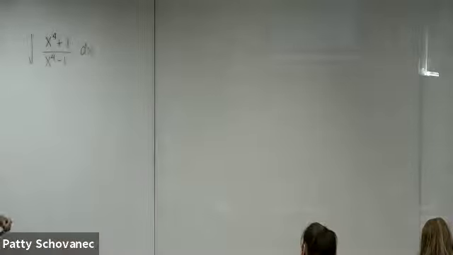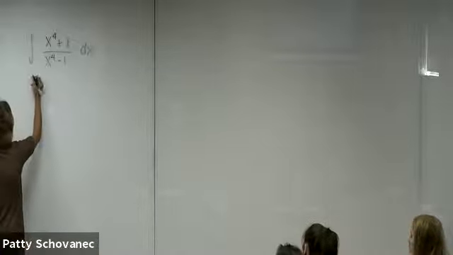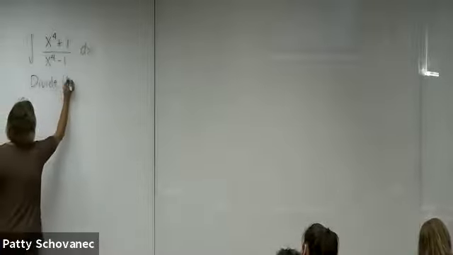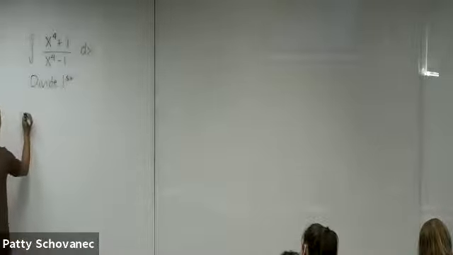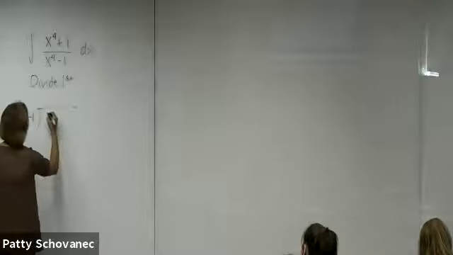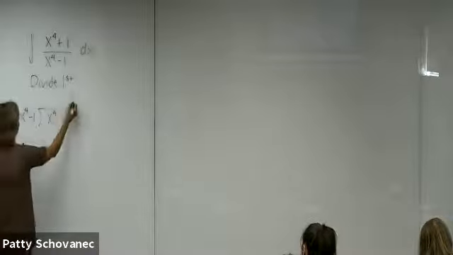So not only did we decide that this was not an ordinary u-du integral, it was a fraction that was not in reduced form. So we put it in reduced form by dividing first. Just go ahead and divide. x to the 4th goes into x to the 4th one time.